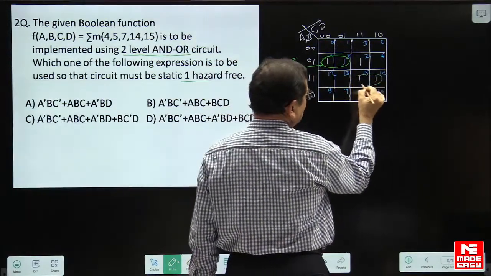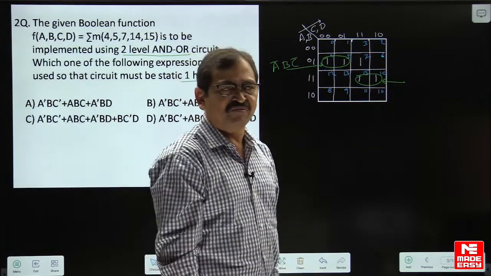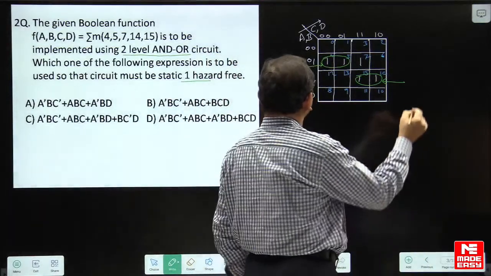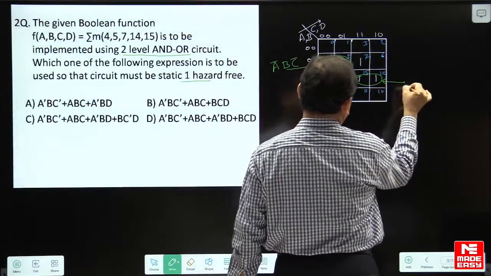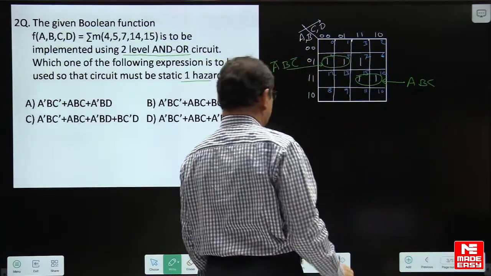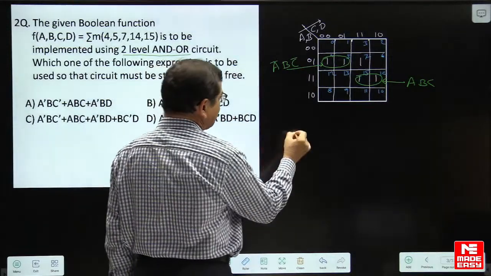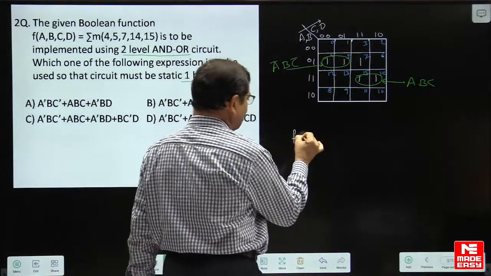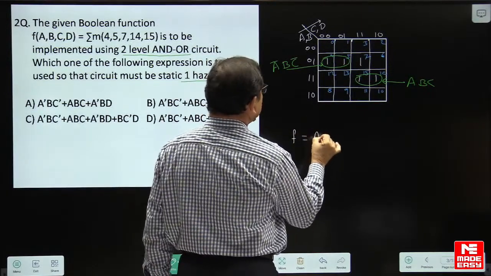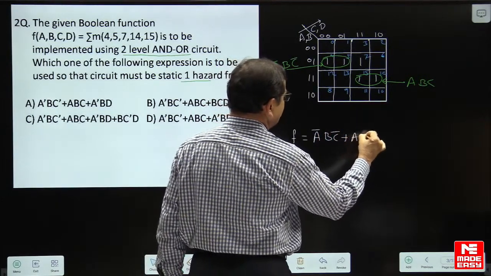The minterm 14 we can read by grouping these two cells, that is the group of 14 and 15. If we group cells 14 and 15, the product is A, B, C. With the knowledge of essential prime implicants, these two products we have here are the essential prime implicants.